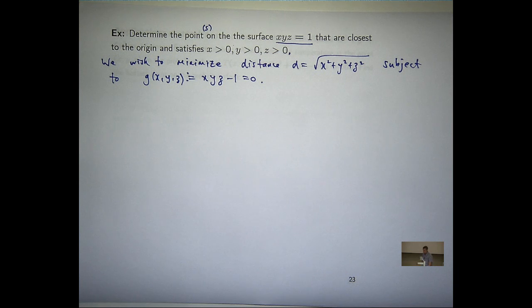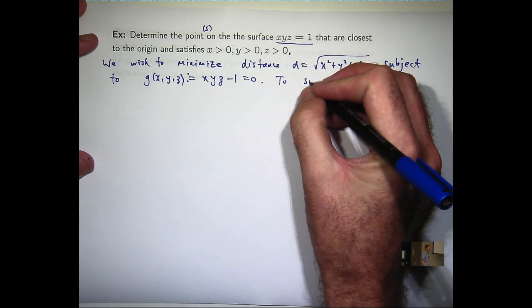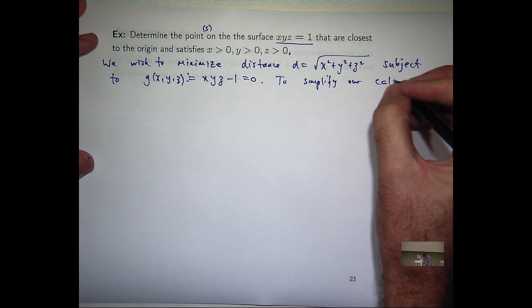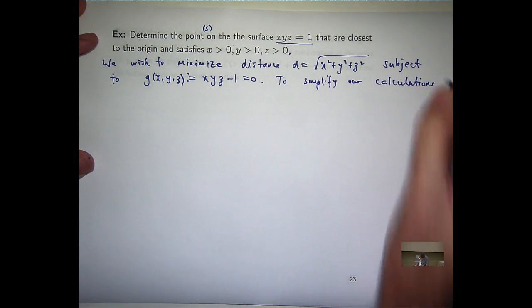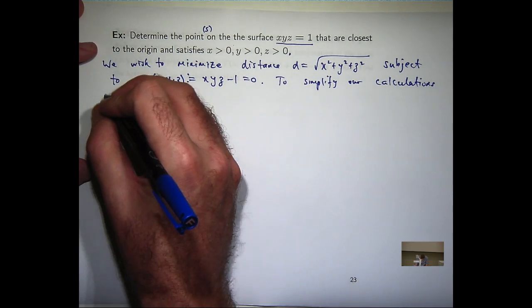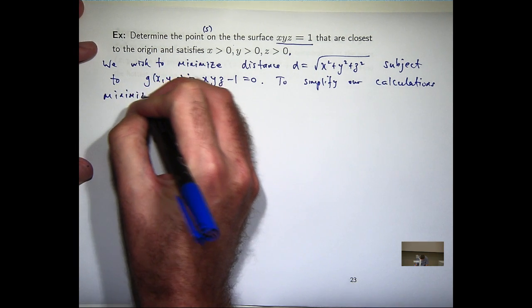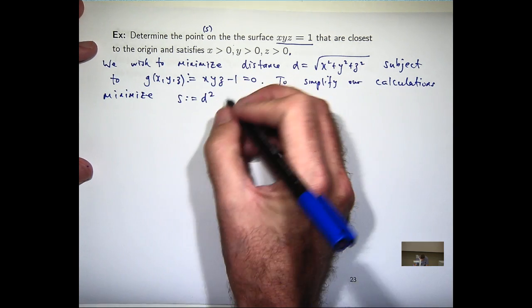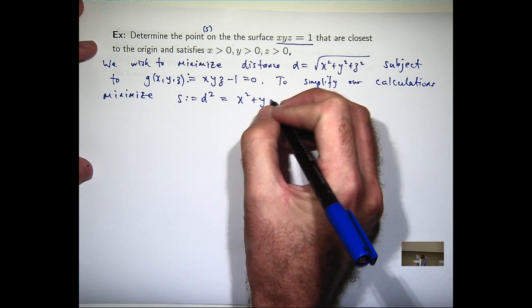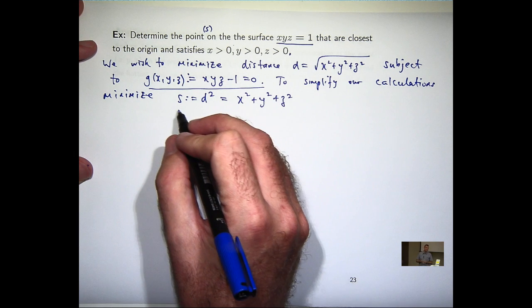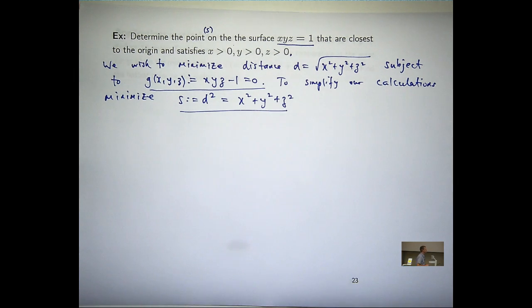So it's a good idea. So let's introduce a new function, say s, which is just the square of the distance. So there's our constraint, and there's our function that we want to minimize.